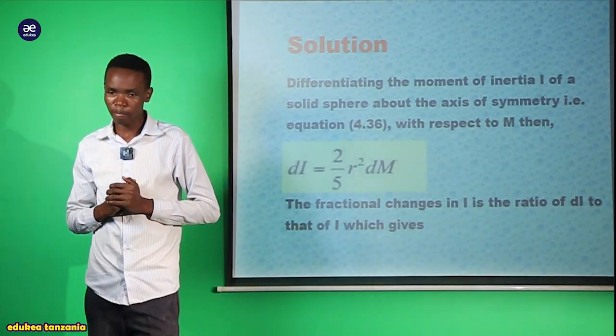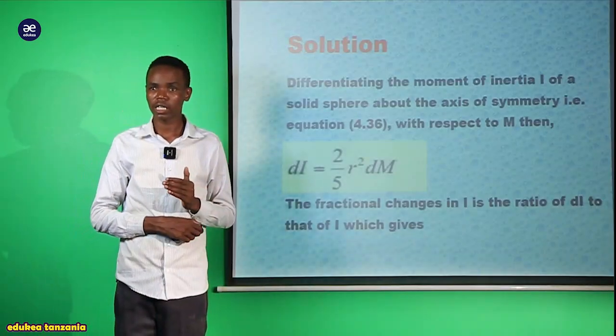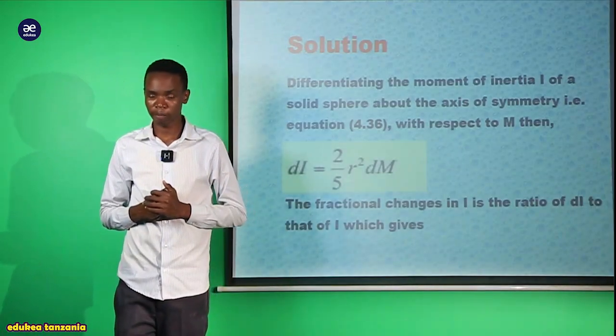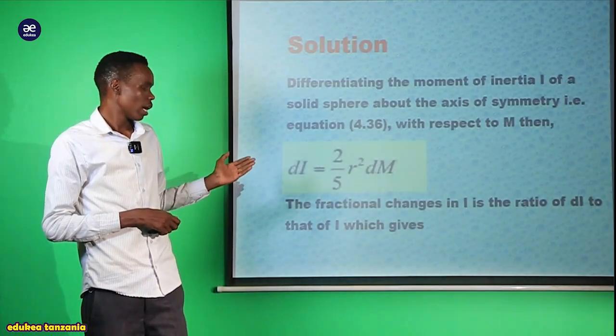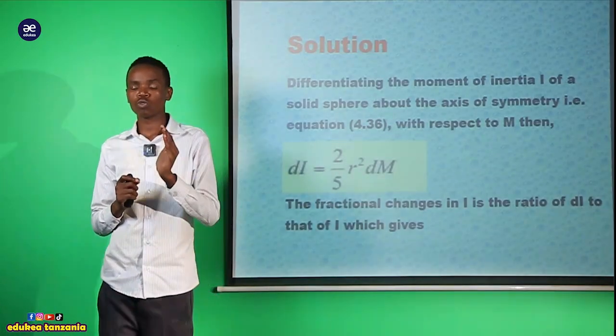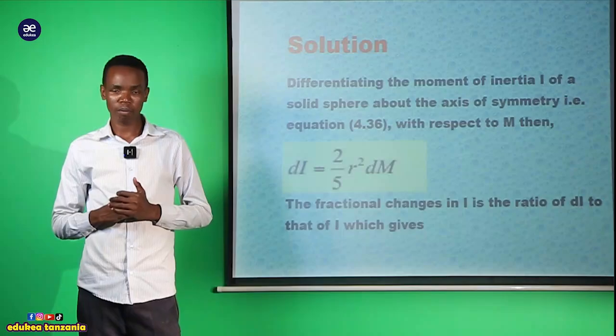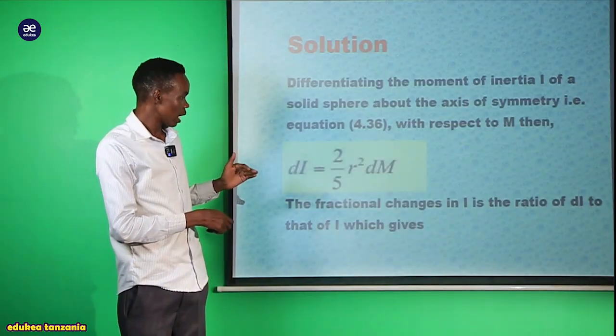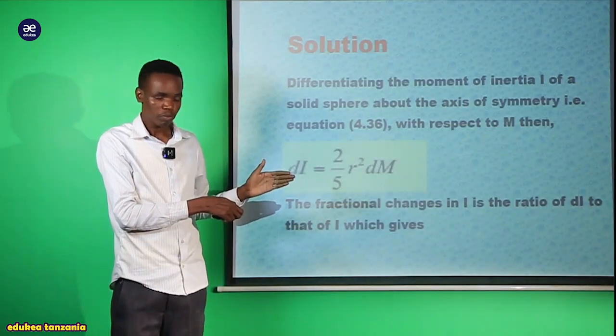After differentiating, by considering equation 4.36, we should obtain that dI is equal to 2 divided by 5 times r square dm.